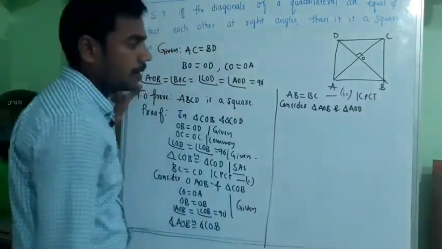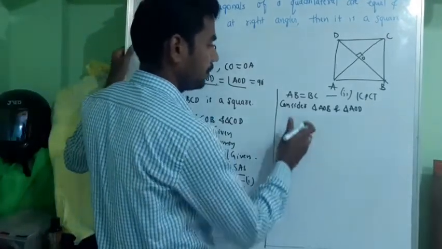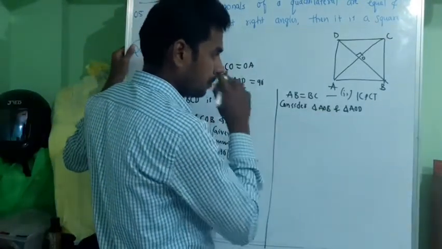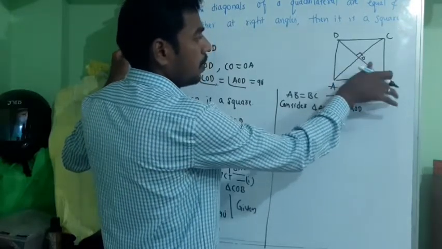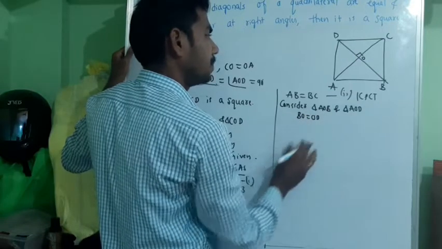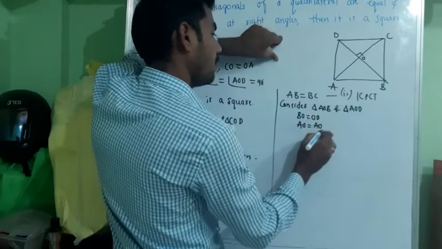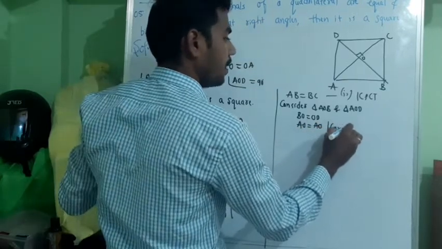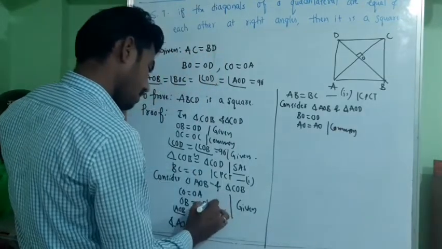AOB and triangle AOD. So now BO is equal to OD and AO is equal to AO. It's a common side.